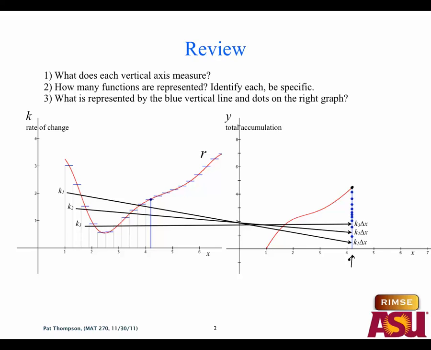So maybe x here is about 4.1 something, and we're calling it A. So A of 4.1. What does A of 4.1 have to do with that blue line and the dots?